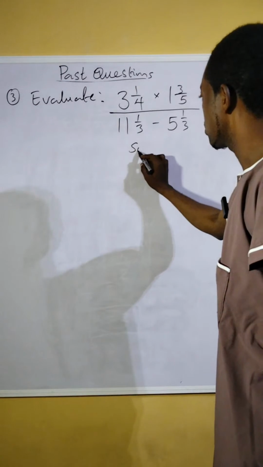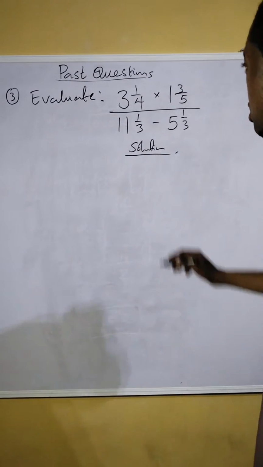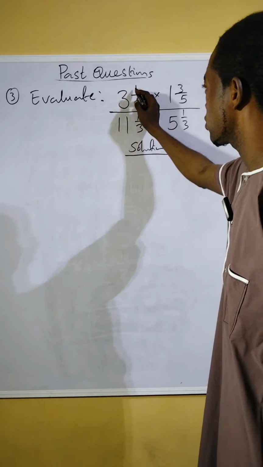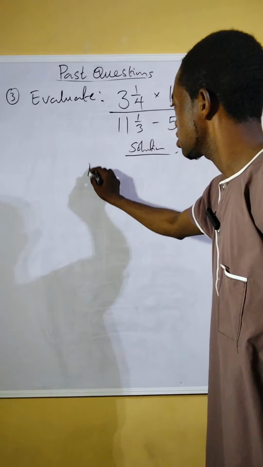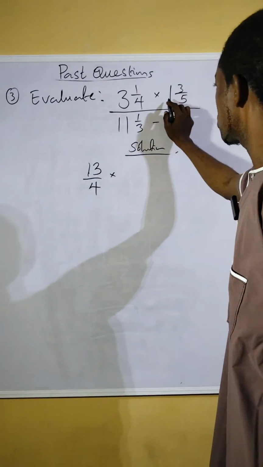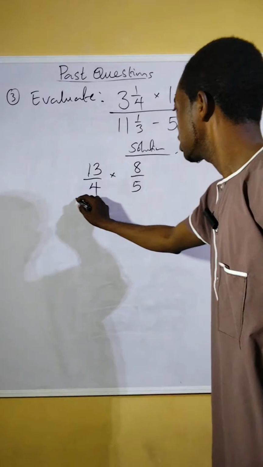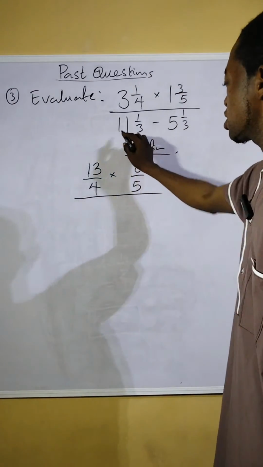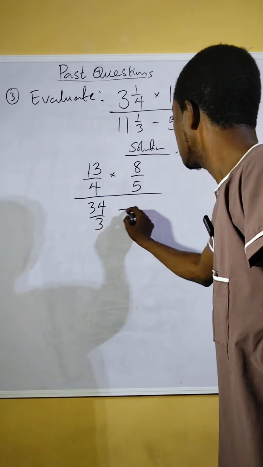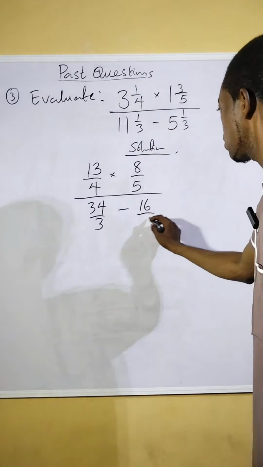Now, from what we have here, solution, when we simplify what we have here, this is mixed fraction. We can change it to improper fraction. That is 4 times 3, 12, plus 1, 13. So this gives us 13 over 4, then times, 5 times 1, 5, plus 3, that's 8, 8 over 5, then divided by, same thing here, 3 times 11, 33, plus 1, that's 34 over 3, then minus 3 times 5, 15, plus 1, that's 16 over 3.